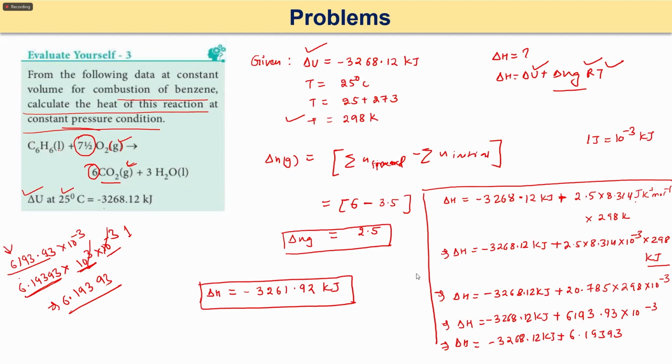So we have easily calculated the delta H, that is the heat of this reaction at constant temperature. This is what we have to do in this question.